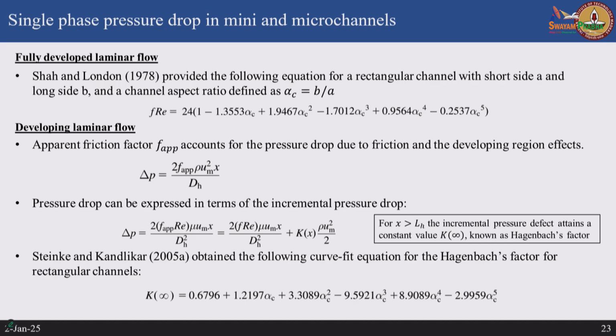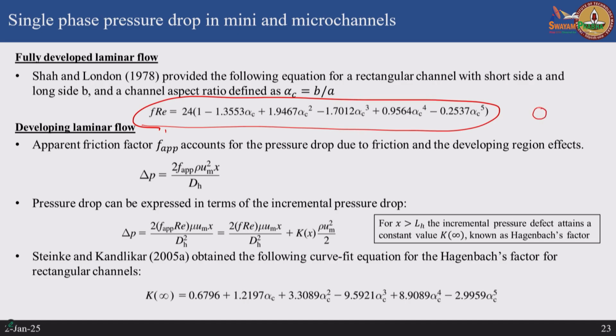Similarly, when you have a single phase pressure drop, there is a region occupied only by liquid. In that case, how do you calculate the pressure drop? You use standard correlations developed for micro channels or mini channels, which are functions of the aspect ratio of the channel. That means the channel need not always be circular, it can have a rectangular cross section.